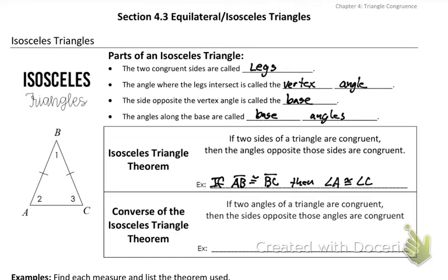In a proof, if I could show that angle A is congruent to angle C, then you have an isosceles triangle, so two sides are congruent. Then AB is congruent to BC.